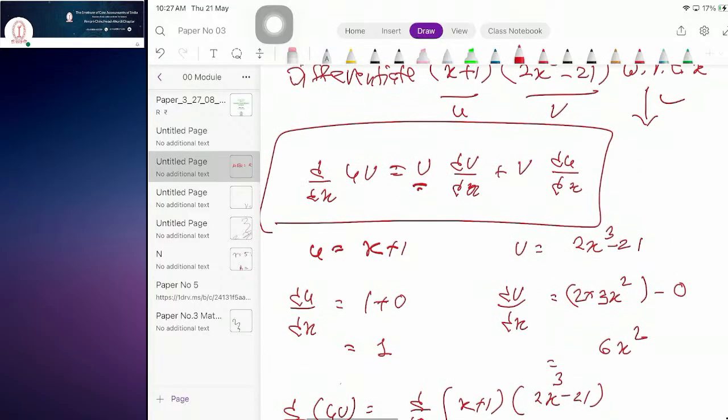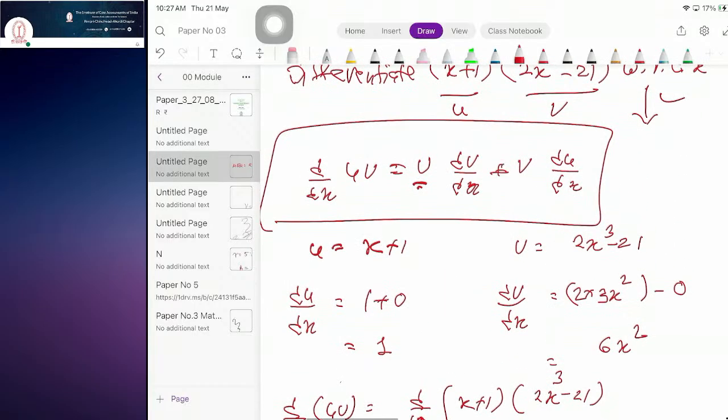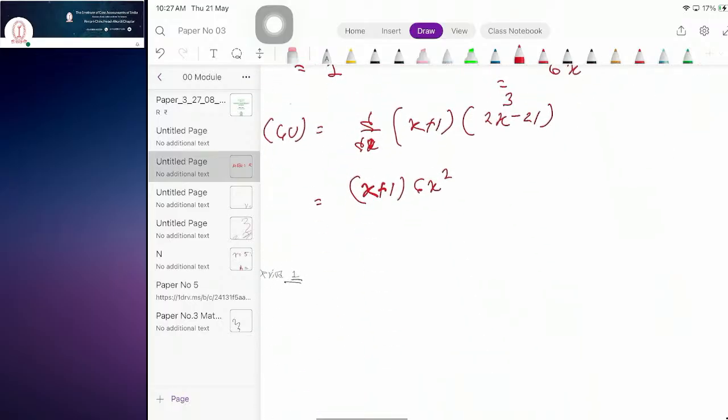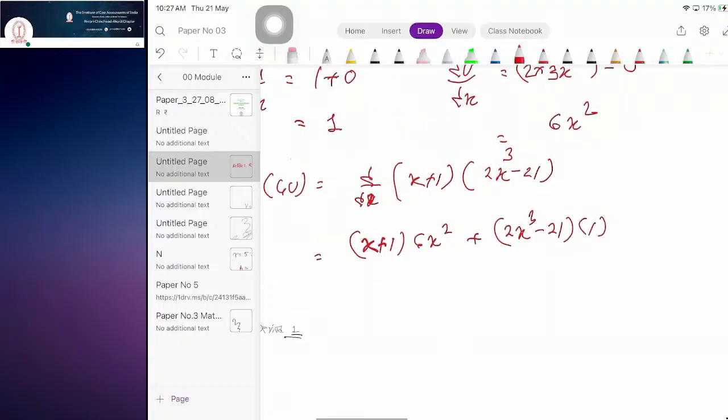Then a plus sign, then v is 2x cube minus 21, and du/dx is 1, so that is 6.